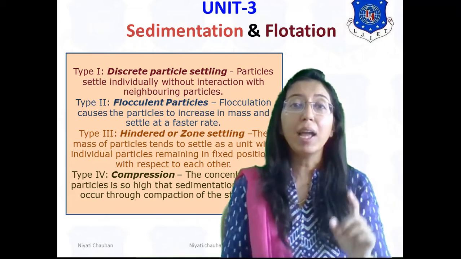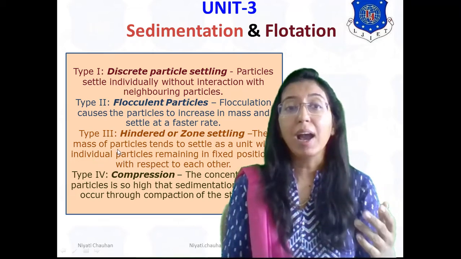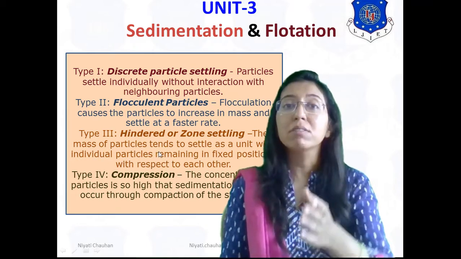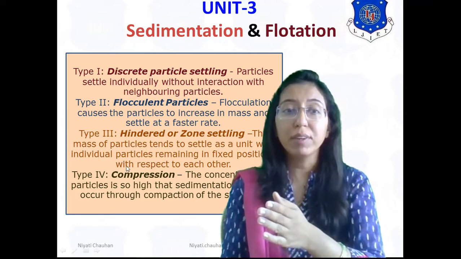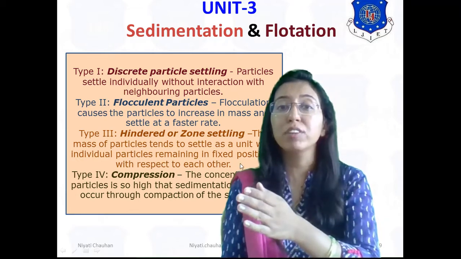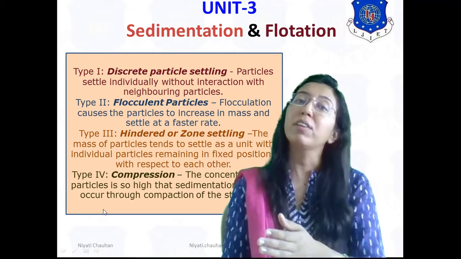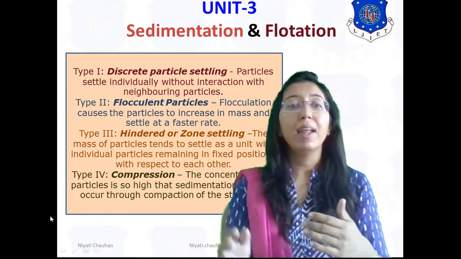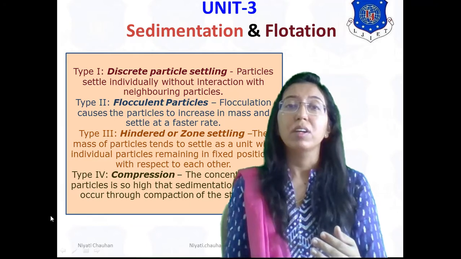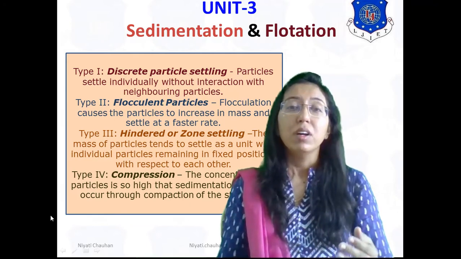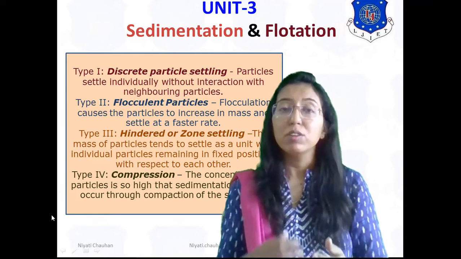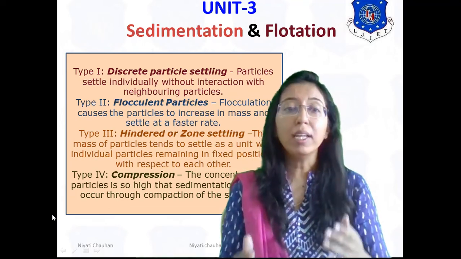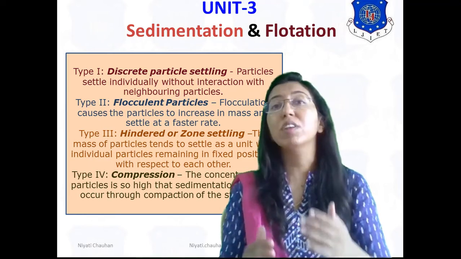Remember that an MCQ can be asked: blank, the mass of particles tends to settle as a unit with individual particles remaining in a fixed position with respect to each other. Then the answer will be hindered settling. Next is compression. In compression, the particle concentration is so high that sedimentation can only occur through compression of the structure.